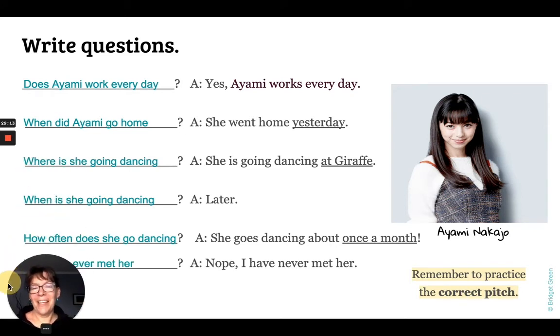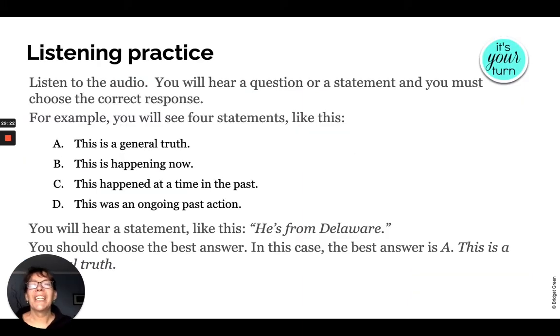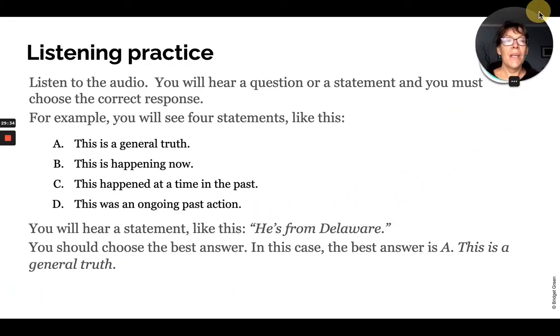Nice. Let's do a little listening practice. Listen to the audio. You'll hear a question or a statement, and you must choose the correct response. For example, you'll see 4 statements like this. This is a general truth. This is happening now. This has happened at a time in the past. And this is an ongoing past action.